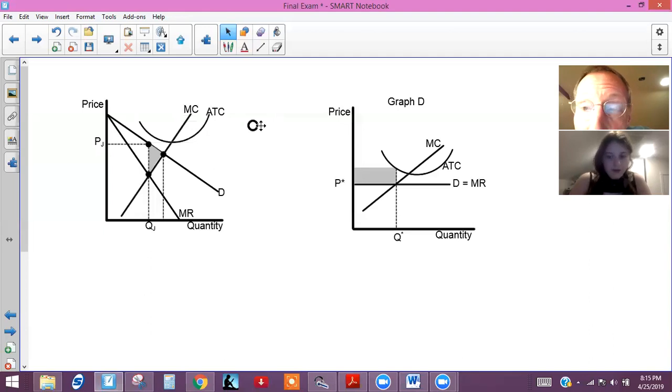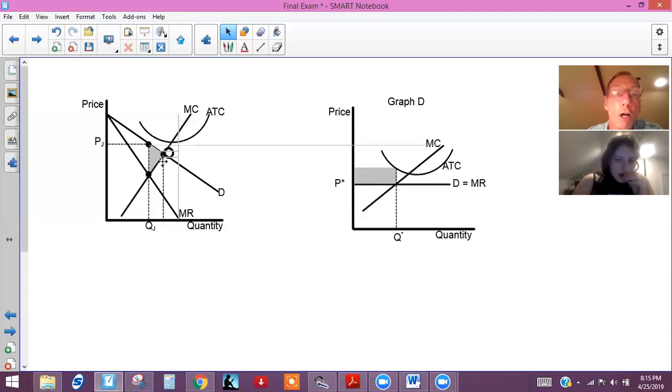Allocative efficiency, or the socially optimum output. I'll say that one more time. The socially optimum output is also the allocatively efficient output, and that's going to be where marginal cost equals price or equals demand.